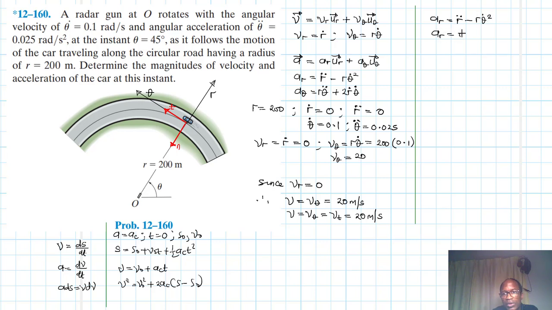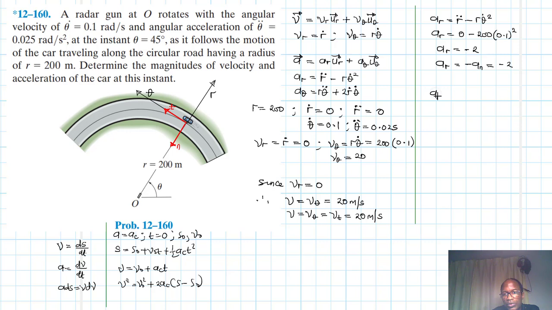Therefore this is equal to 0 minus 200 times 0.1 squared. a_r is equal to minus 2, and therefore a_r is also equal to minus a_n, which is minus 2. Because they are in the opposite direction, but of course that's centripetal.